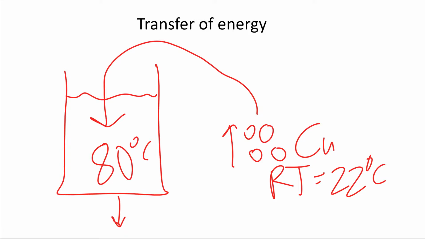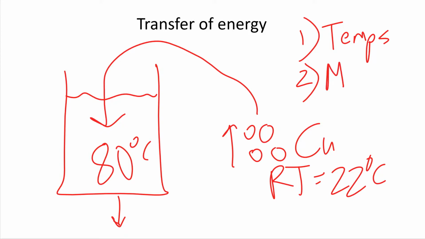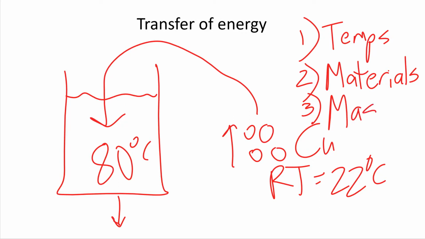One of them was the temperatures of the two materials. Another one was something special about the materials themselves. And then the mass of each material also played a role. You all figured this out on your own.